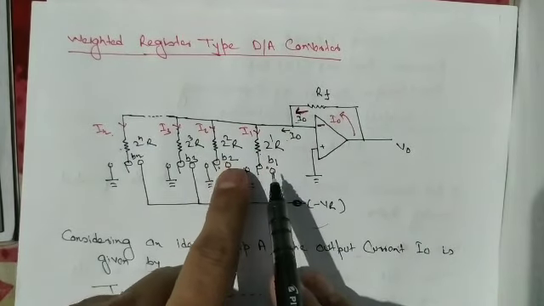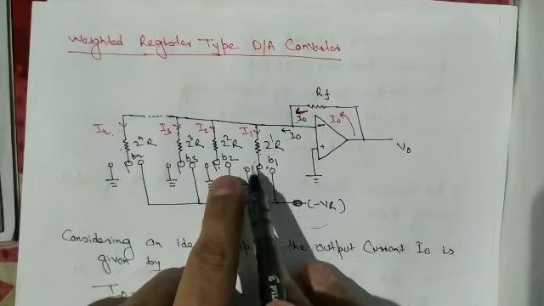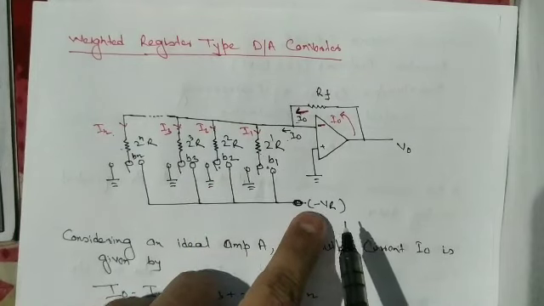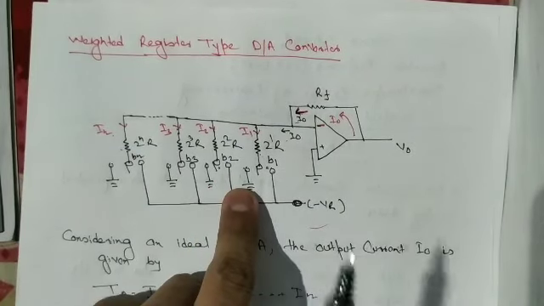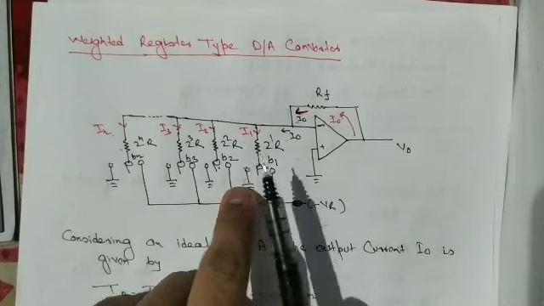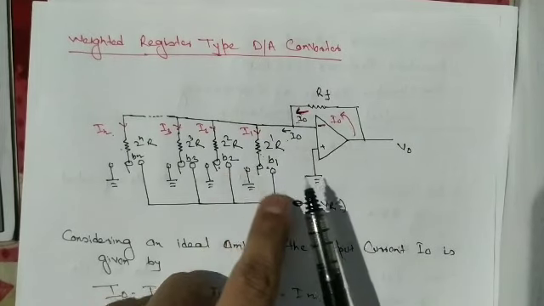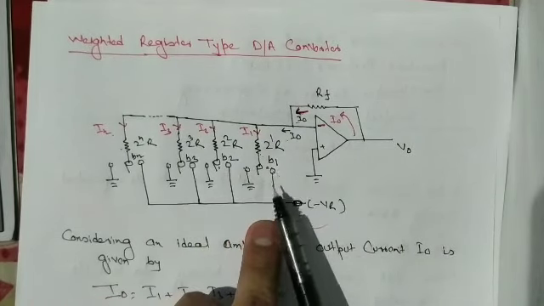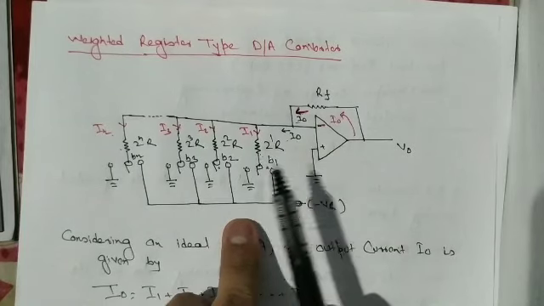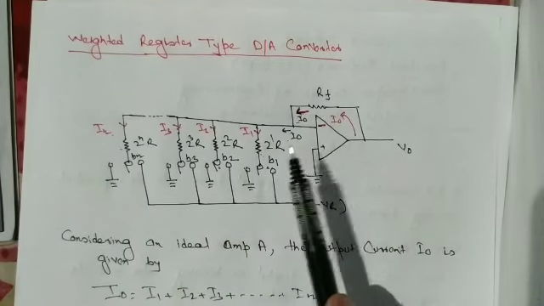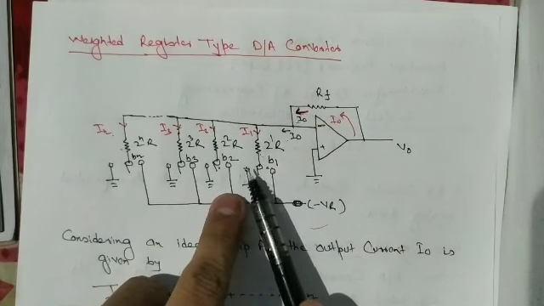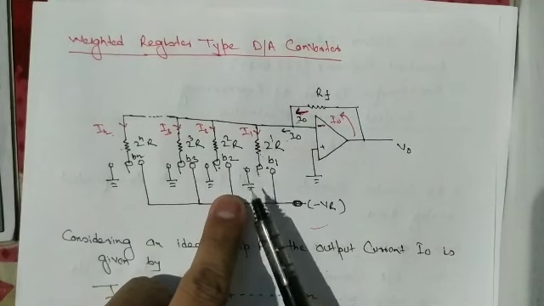So the switch of B1 can be connected to minus VR or to the ground. If B1 is logical 1, the switch of B1 is connected to minus VR, and when B1 is 0, the switch is connected to the ground.